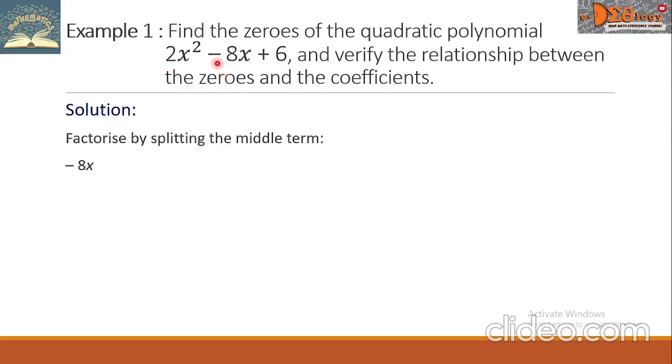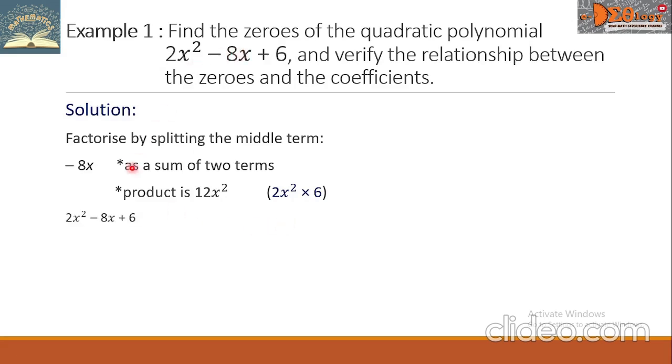Our middle term here is the negative 8x. So, we're going to split it as a sum of two terms. There is another thing that we should consider, that the product must be 12x squared. This 12x squared comes when we multiply 2x squared by 6.